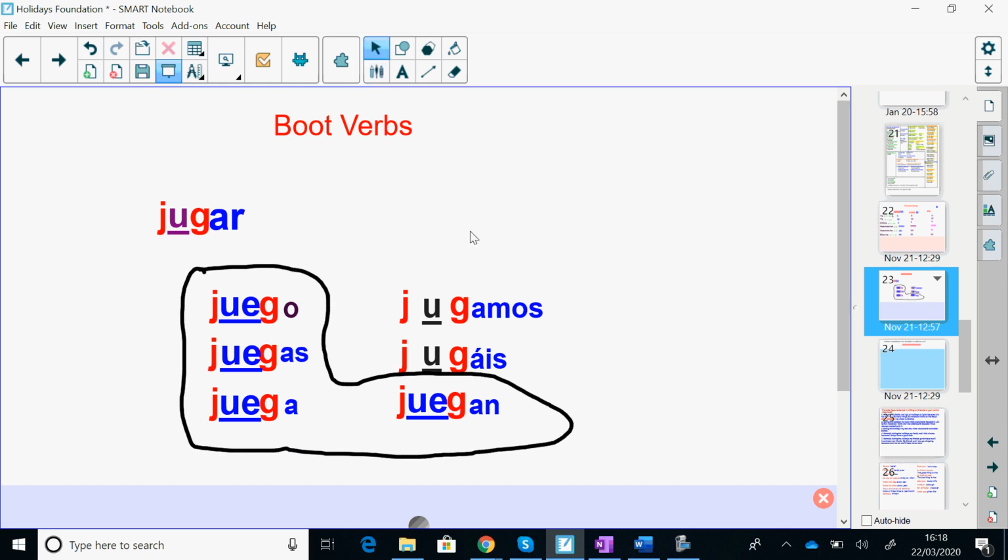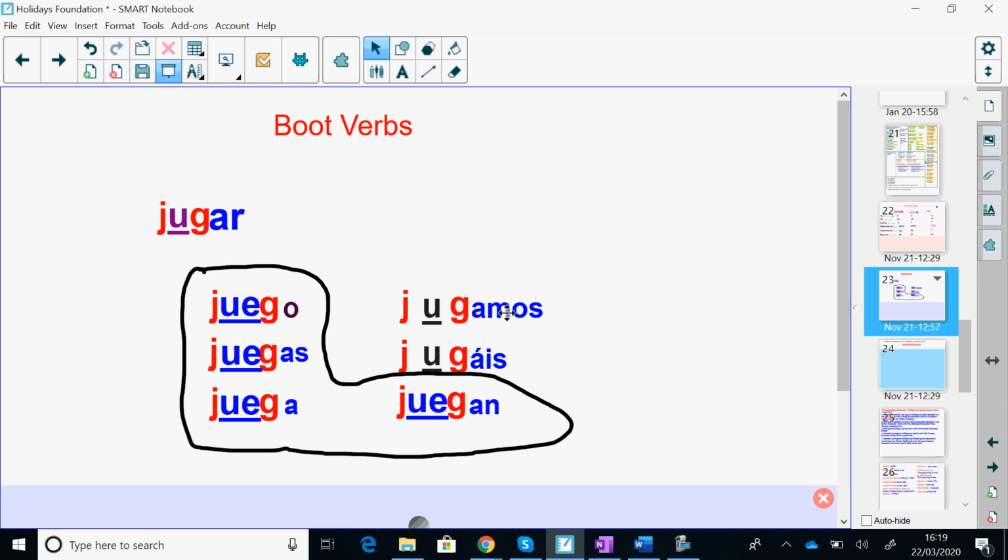This is like a U. And the persons inside the boot have a little change from the infinitive. Okay? Juego, juegas, juega, juegan. However, the two people outside the boot are excluded.